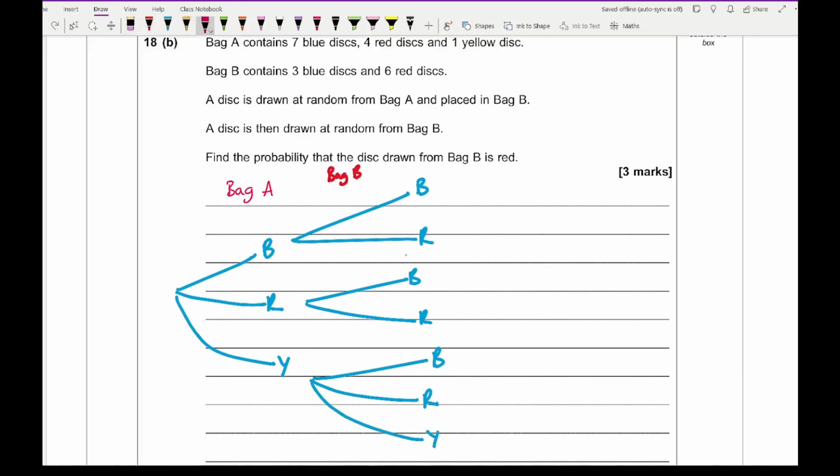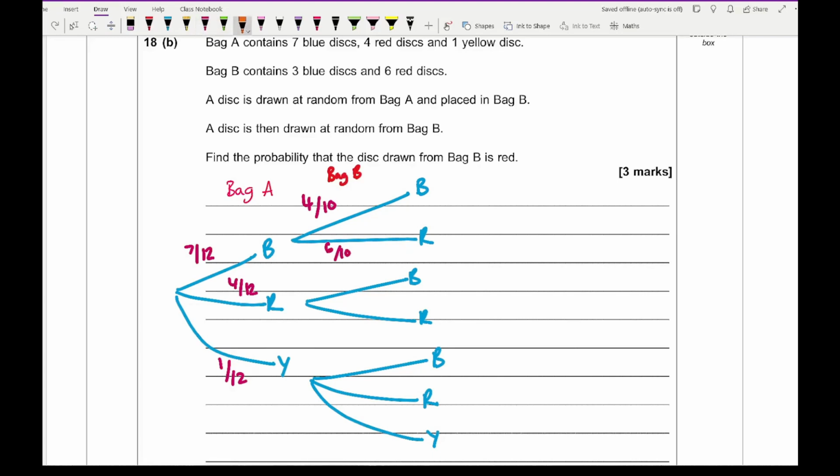So then filling in the probabilities, we've got 7 over 12, then we've got 4 over 12, and then for yellow we've got 1 over 12. Now if I've selected a blue one and put it into this, I'm going to have 1 extra one, so that's going to give me 4 out of 10, and the red is going to be 6 out of 10.